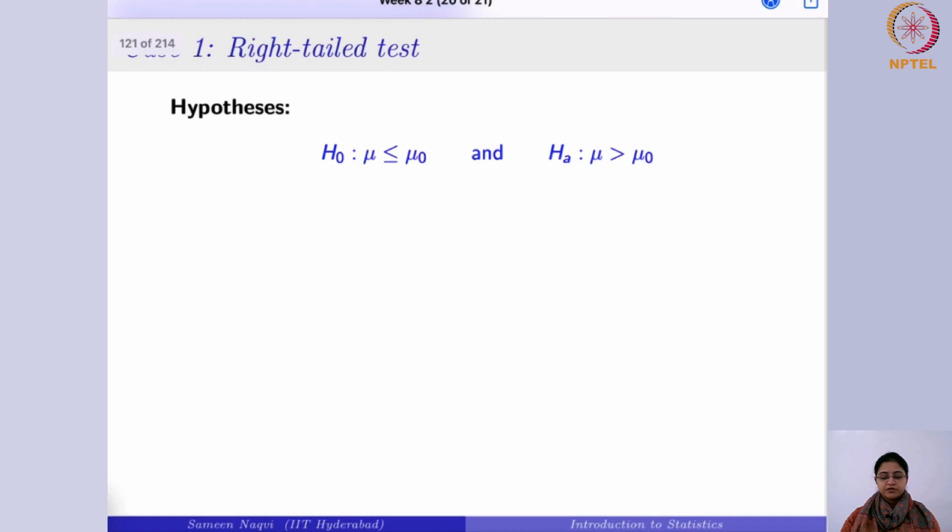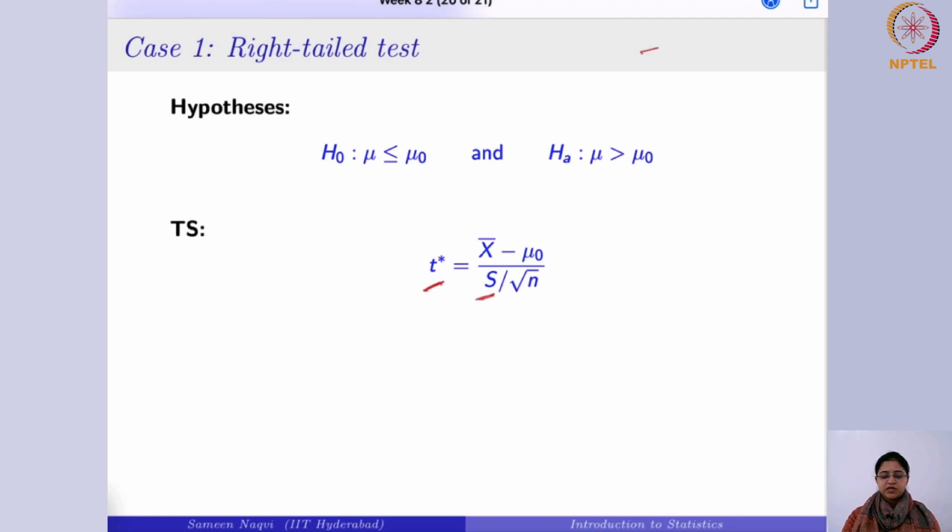So here, for the right tail test, it is in the same way that mu is greater than mu naught. Your test statistic would be denoted by t star, just to keep alignment with the t distribution. So here you have x bar minus mu naught, and here you will have the sample standard deviation.